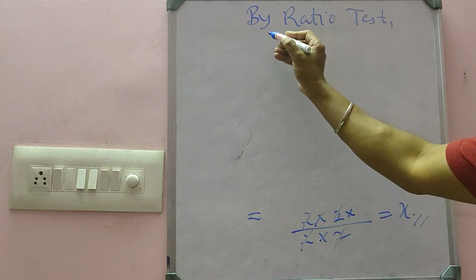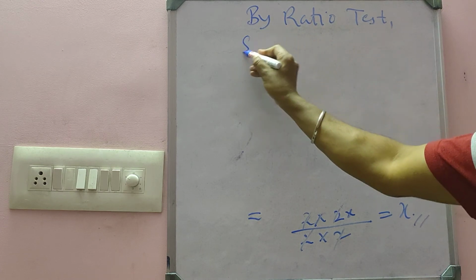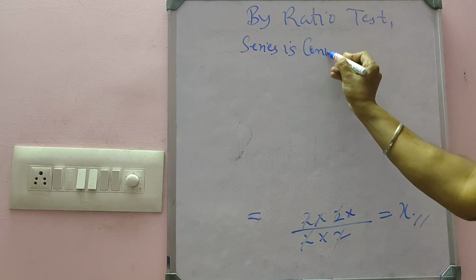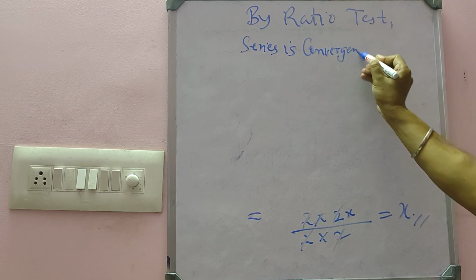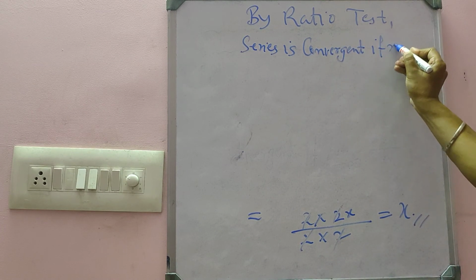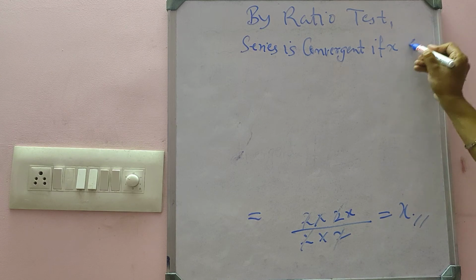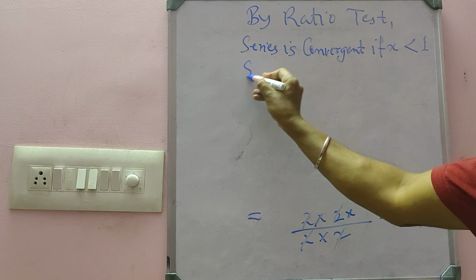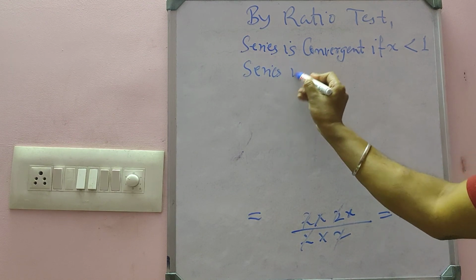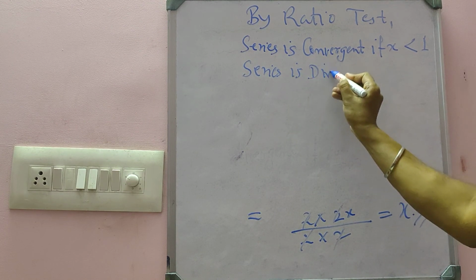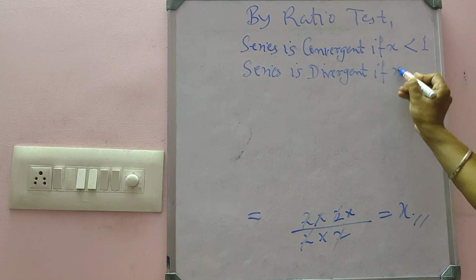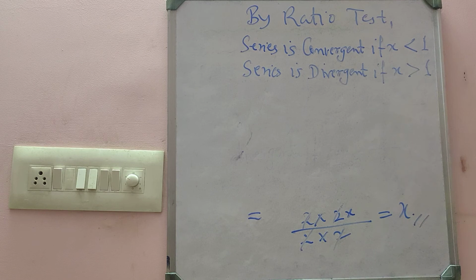So we have to write by ratio test, series is convergent if x less than 1. Series is divergent if x greater than 1.